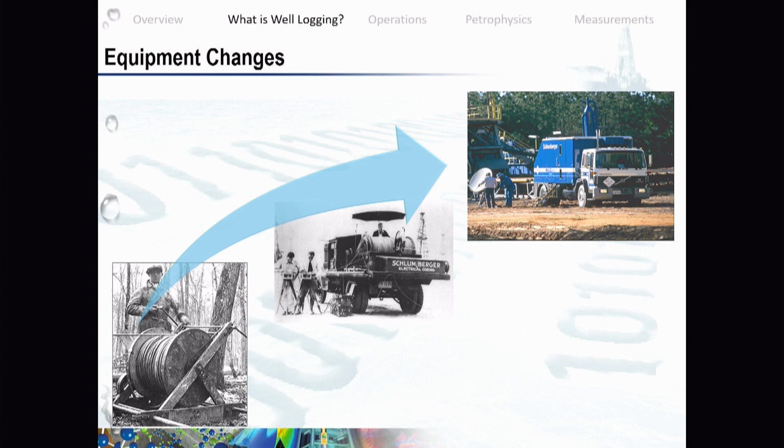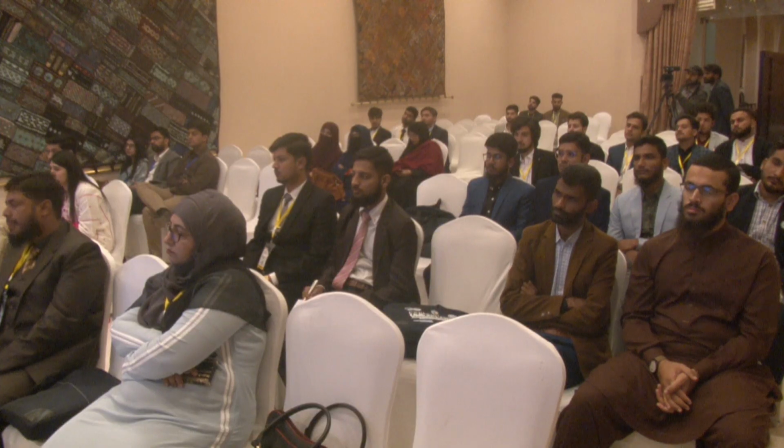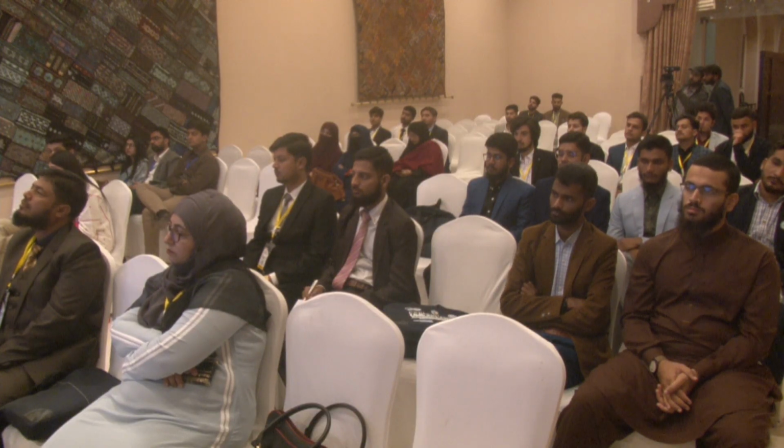On the left hand side, you can see how the technology evolves, the same with logging: we have very basic equipment in the beginning, and then more modern on the right hand side. This data is presented in different graphical formats with different types of measurements.